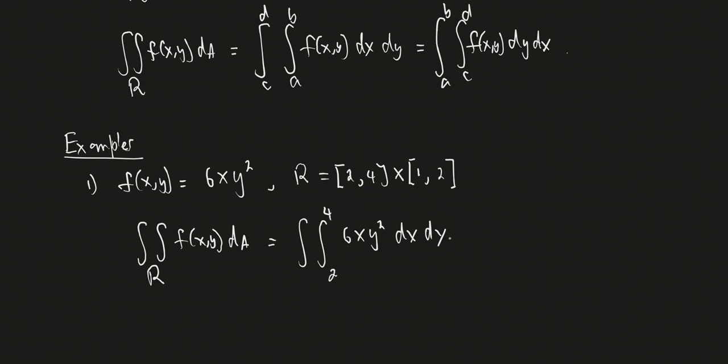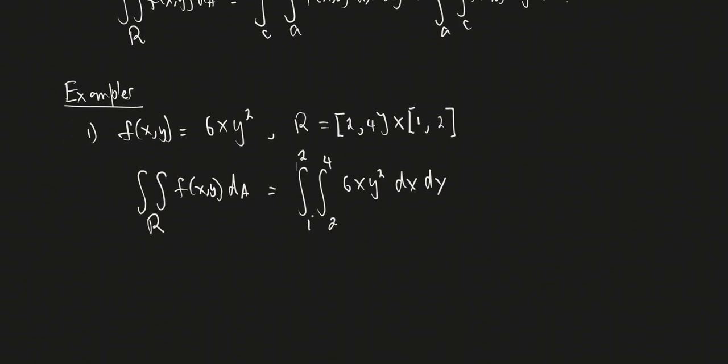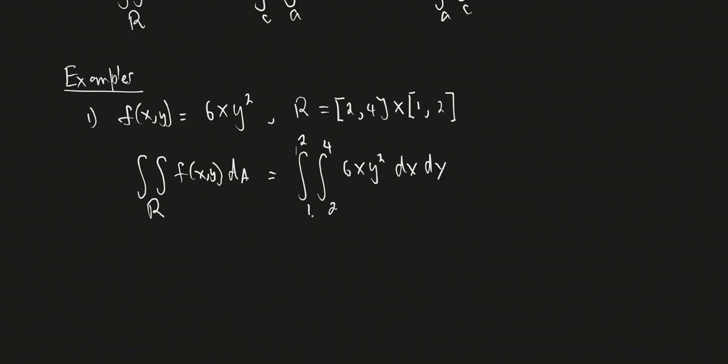And then the second integral will be with respect to y, and those limits are 1 and 2. Now, the reason why we refer to it as iterated is because we're going to do one after the other. And how we evaluate it is by working from the inside out. So let me put those square brackets again.